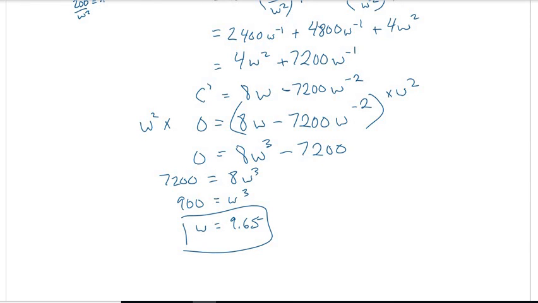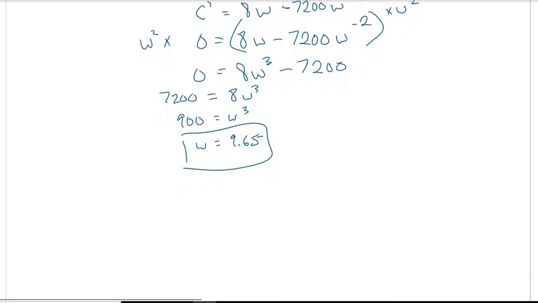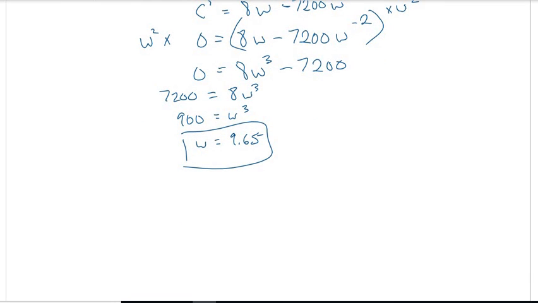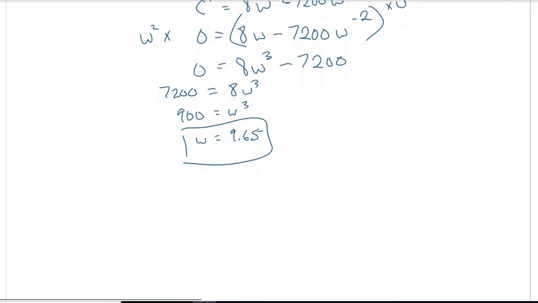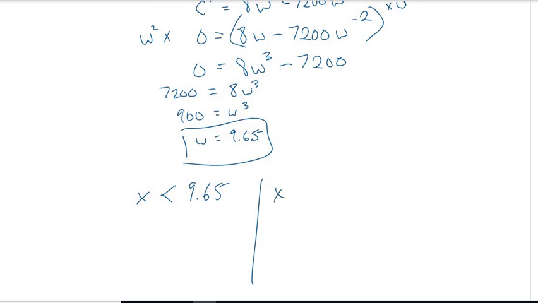So in this case, you could also test the endpoints, but the other way that you could try and solve this, just to confirm that this is an absolute max, a minimum cost and not a maximum cost that it gives you, is that we could make a factor table to test it. So we can test w less than 9.65, just like we did with curve sketching. w greater than 9.65, and we're just going to test that derivative.